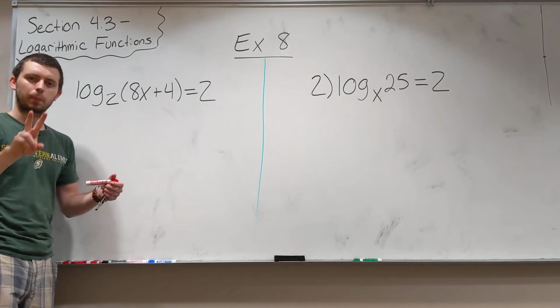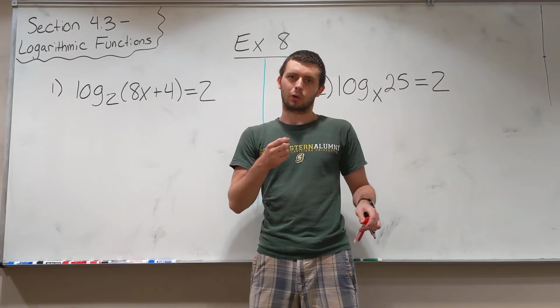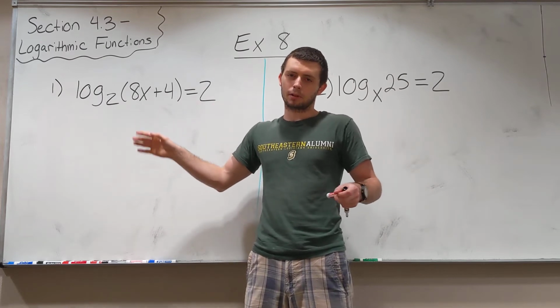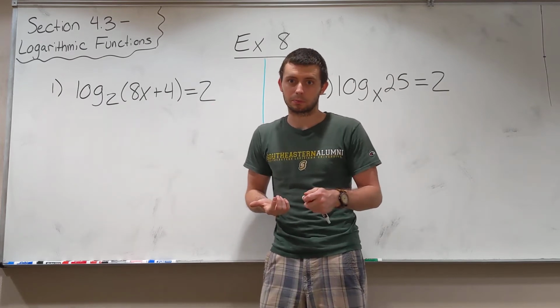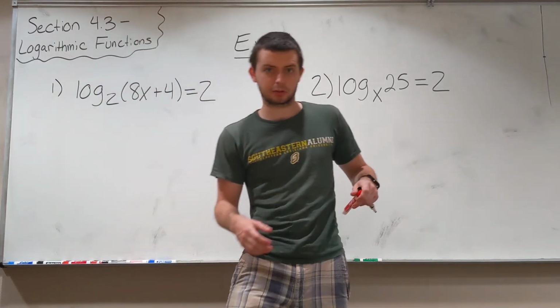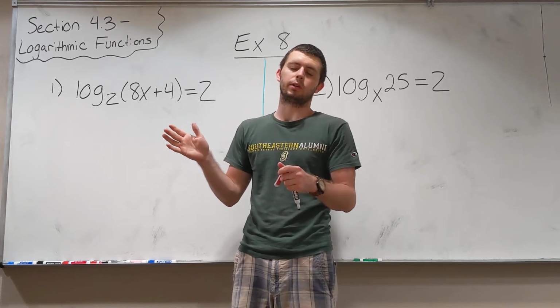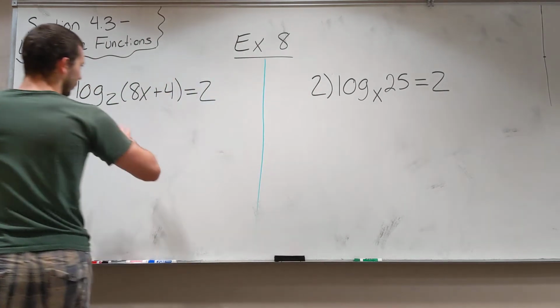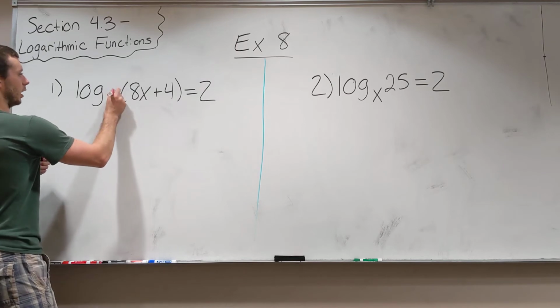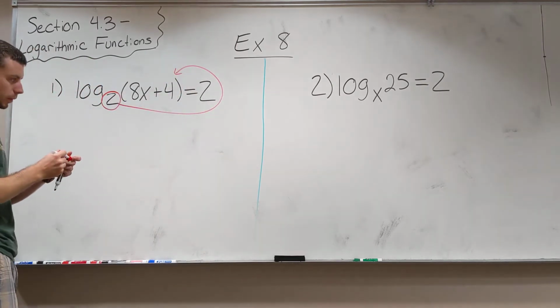So remember, there were kind of two rules of thumb that I mentioned. You want the logarithm on the left-hand side, and you want the logarithm to be by itself. Well, it turns out for this problem, and actually for all of these next four problems, they do give us that convenience. So we don't have to do anything else other than directly apply that method that I just mentioned.